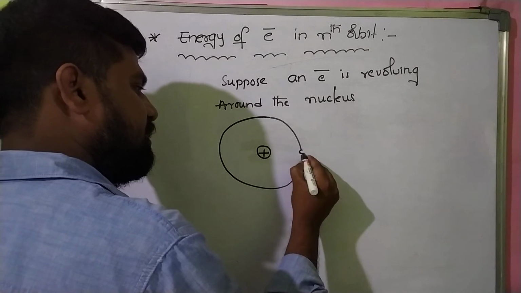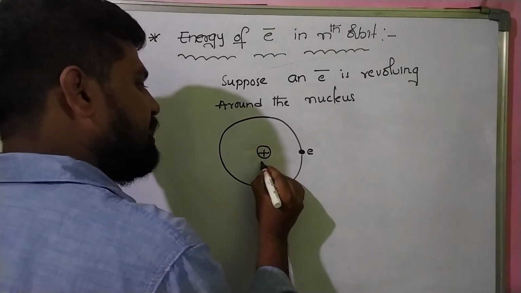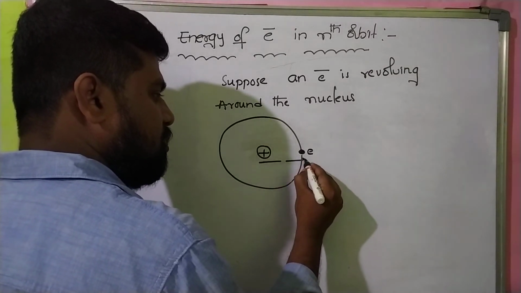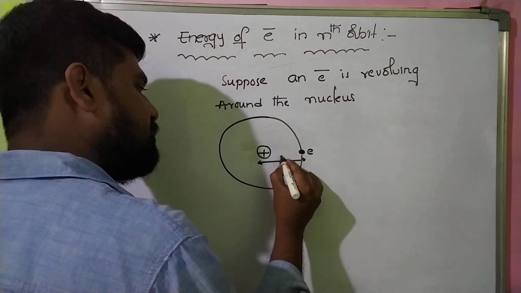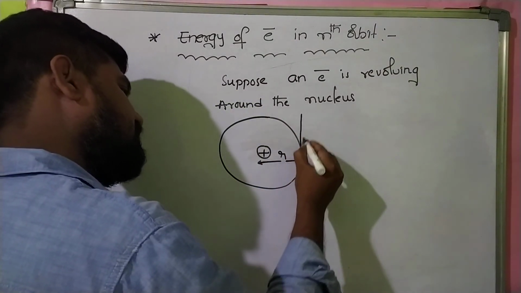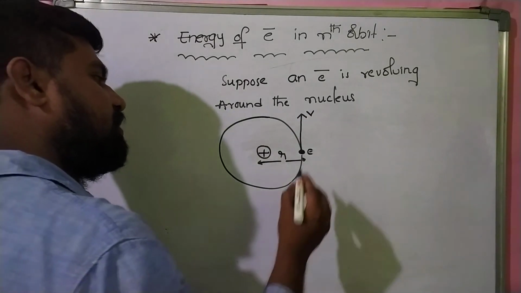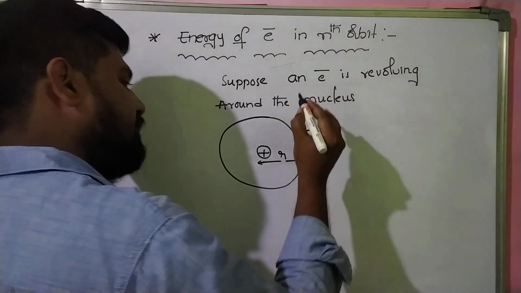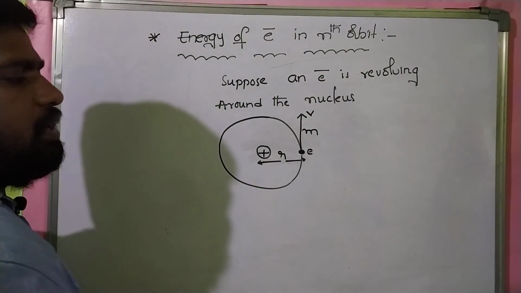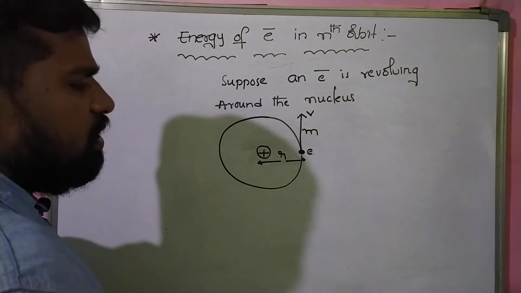This is the electron. The distance between the nucleus and the electron is the radius r, its tangential velocity is v, and its mass is m. This is the picture everybody knows.